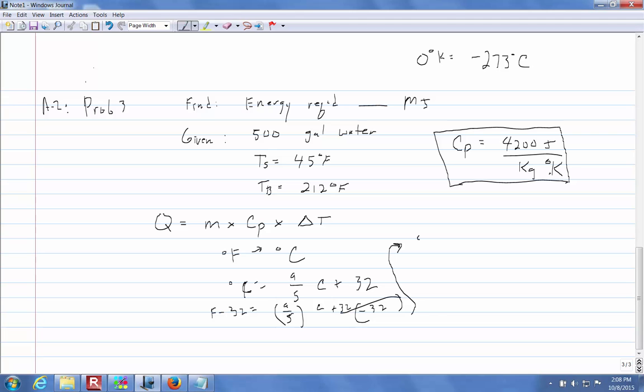So now we're at 9/5 C, and I'm going to write it on the other side: C equals F minus 32. We want to solve for C. How do we do that? We can get C to unity by taking C times what?